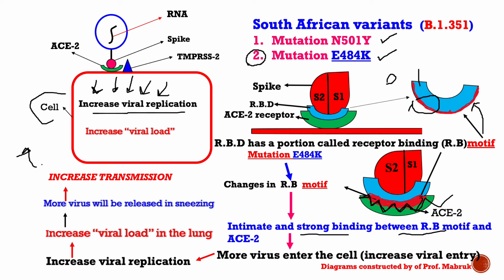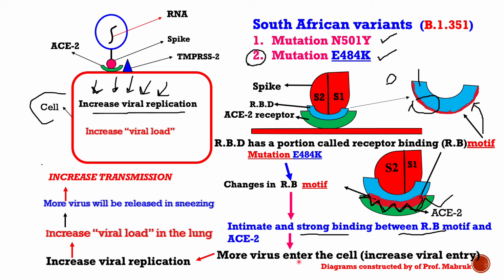The mutation E484K results in changes in the receptor binding motif. This change resulted in the intimate and strong binding between the receptor binding motif and the ACE2 receptor.